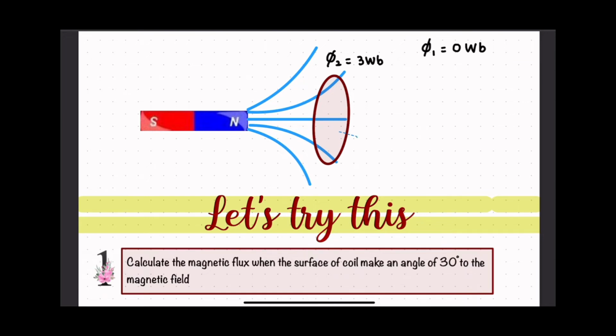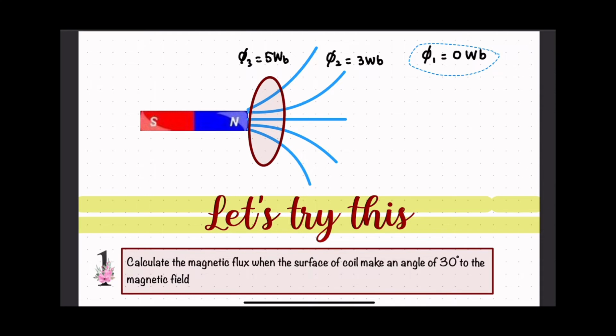Alright, so next we move further forward. So at the third position, flux 3 is equal to 5 Weber. So as a conclusion, the closer it gets, the more magnetic field lines pass through the surface area, and the magnetic flux increases. Okay, in other words, if more lines enter the surface, the magnetic flux is higher.